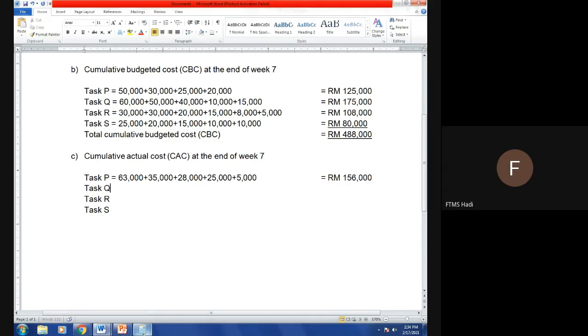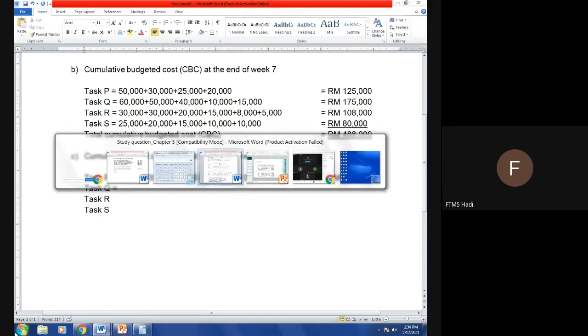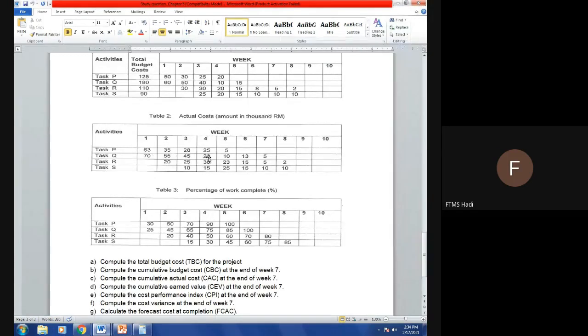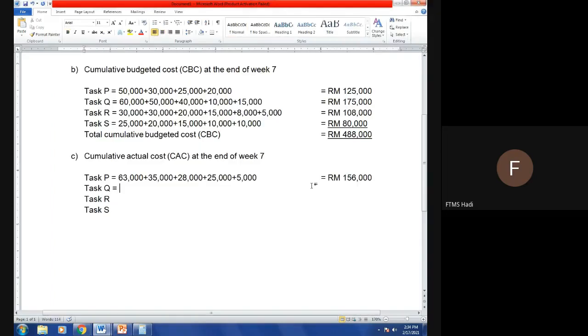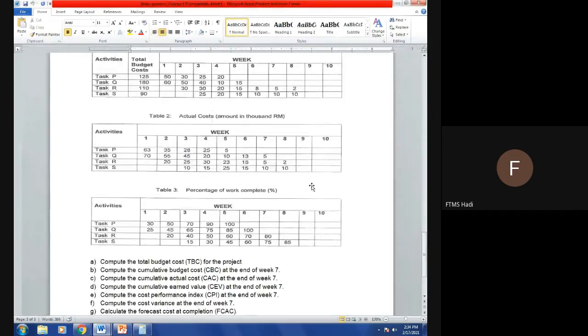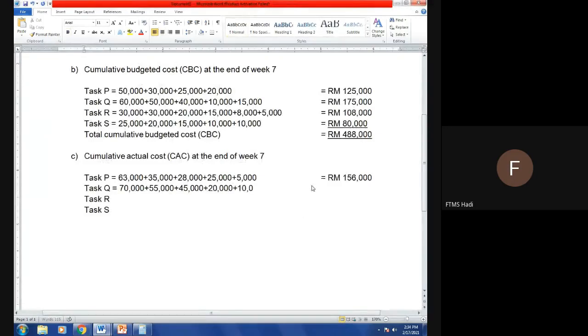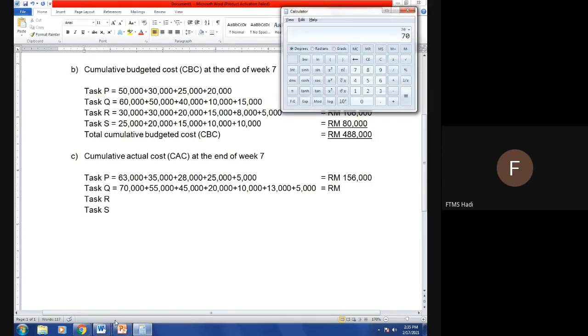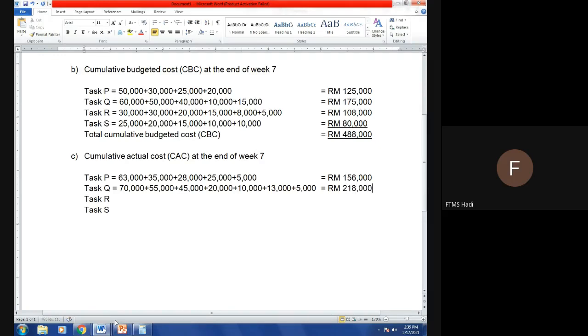The second one, task Q, week 1 until week 7: 70 plus 55 plus 45 plus 20 plus 10 plus 13 plus 5. If you press the calculator, you will get RM218,000. So that is the second part.